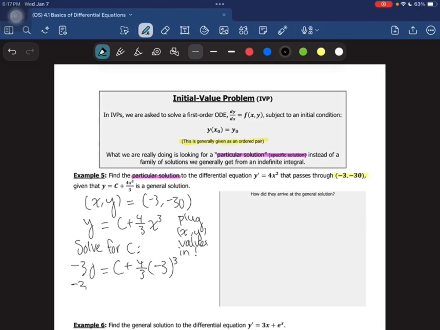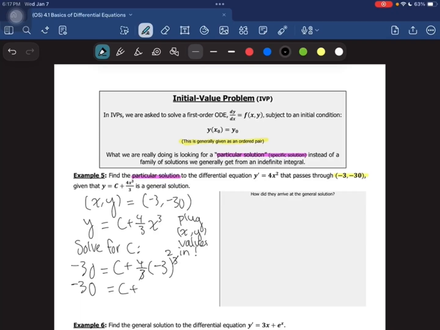And you have -30 equals, well, -3 cubed is going to be -27. So actually what we can do is we can just cancel out the 3's. This turns into a 2. I think that makes our lives easier.